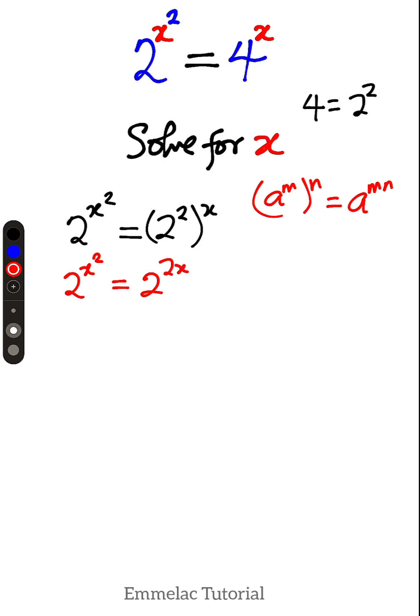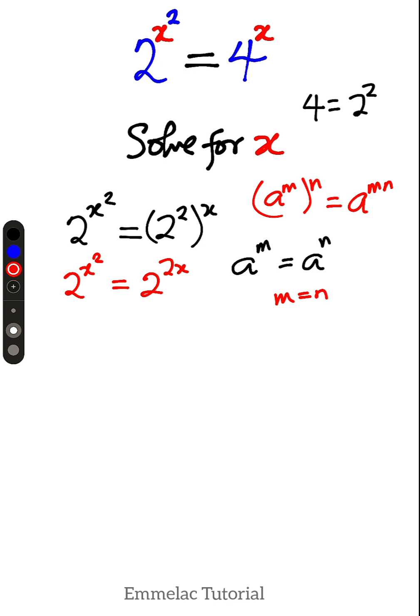Okay, so at this point we have arrived at the same base on both the left hand side and the right hand side. Let's also recall that according to the law of indices, when you have a raised to m equals a raised to n, as long as we have the same base on both sides, it implies that m equals n.